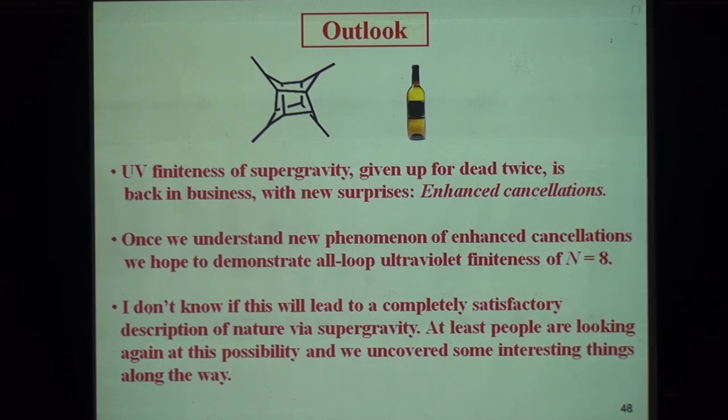But anyway, we're back in business. There's a very specific phenomenon now to understand, these enhanced cancellations. This is something we're studying now, and I hope that once we understand this, we will be able to construct a proof. Of course, that remains to be seen.